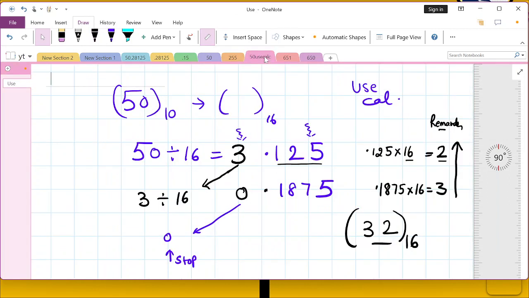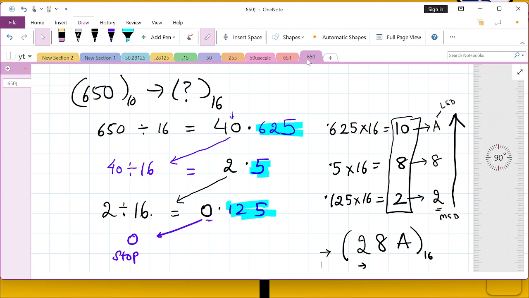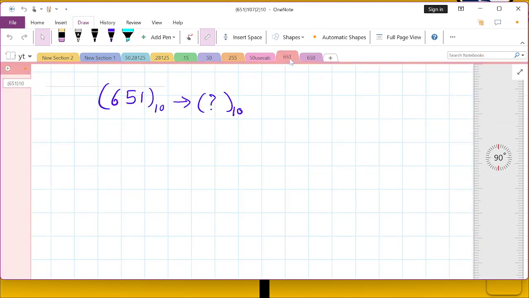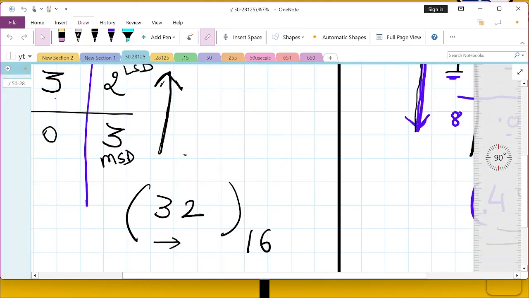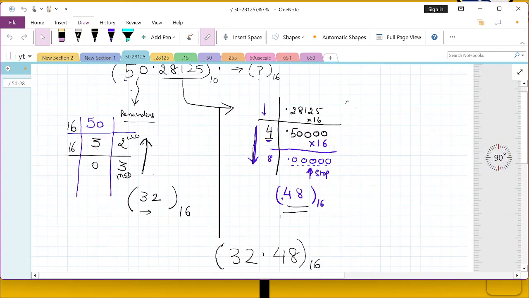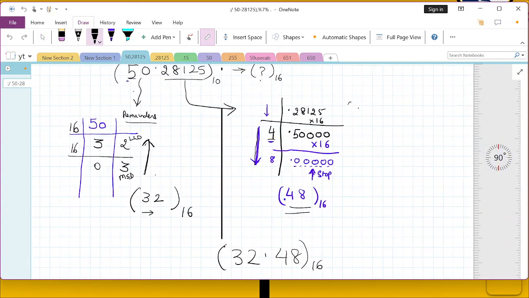Here we have solved 650 using calculator. Now you can try out this value yourself, 651, using calculator. And in case of mixed numbers, you see here, we will solve this whole number part separately and this fraction part separately, and then we will combine the result.